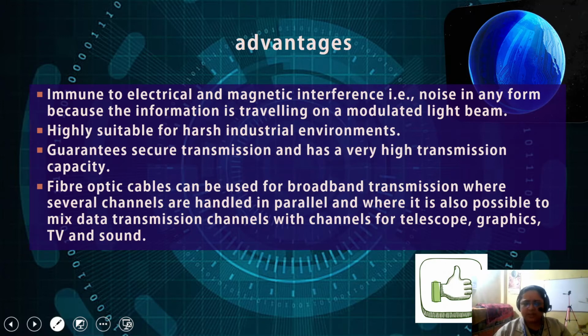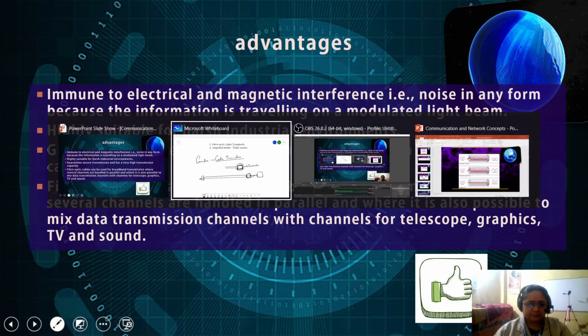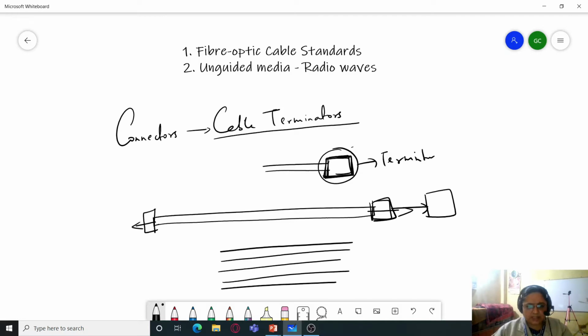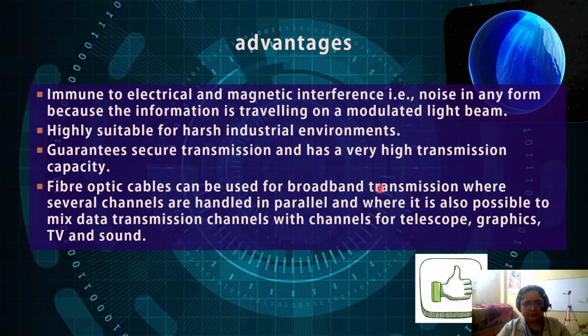So you can combine different types of data running across different light rays, and all of that could be modulated into one single light beam, and hence we say that data from multiple channels can run in parallel without affecting each other.